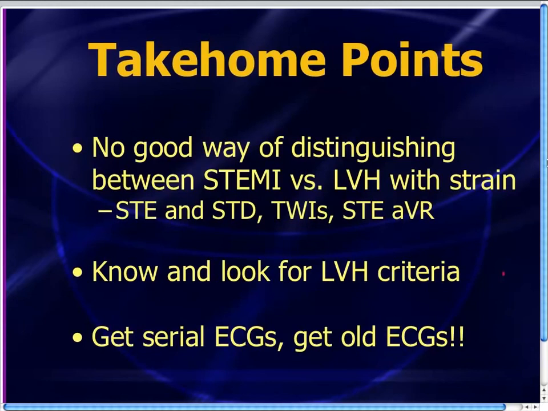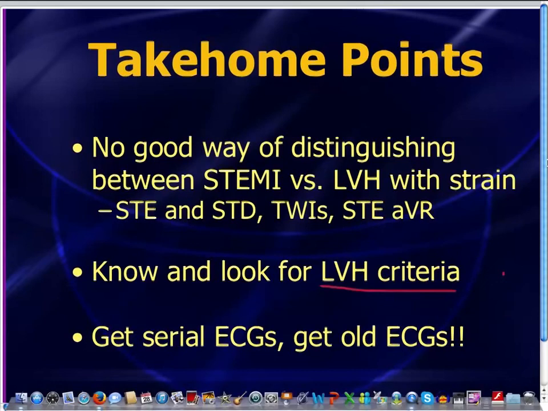And then complicating things further, people with LVH and strain can develop cardiac ischemia on top of that. There are some clues that can help. Look for symmetry of the T wave inversions. Get old EKGs. Get serial EKGs. But the key thing is that before you even start considering LVH with strain, you've got to know what those LVH criteria are. And so review those criteria once again.